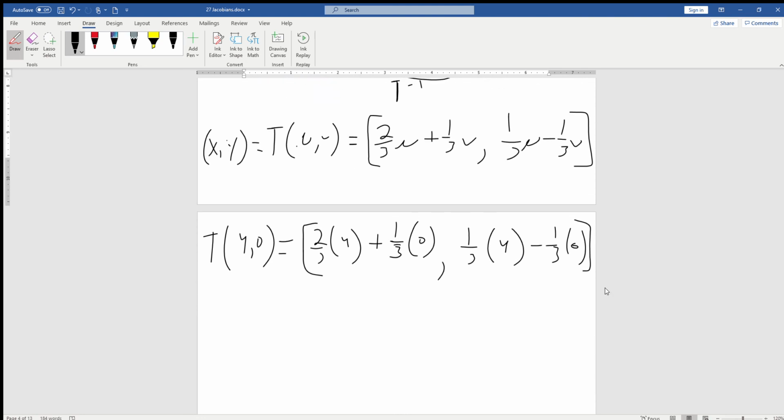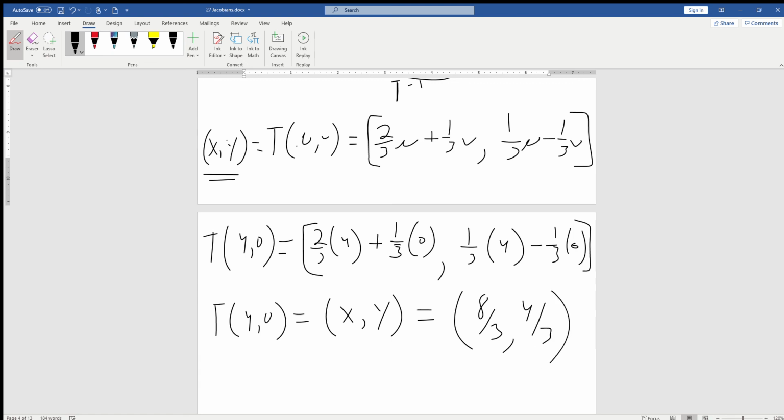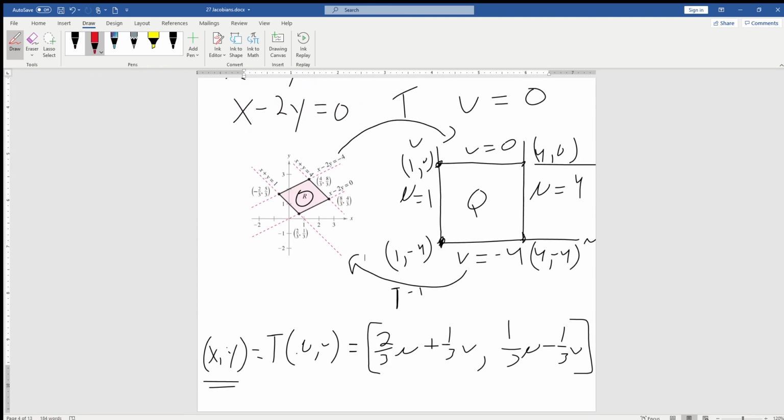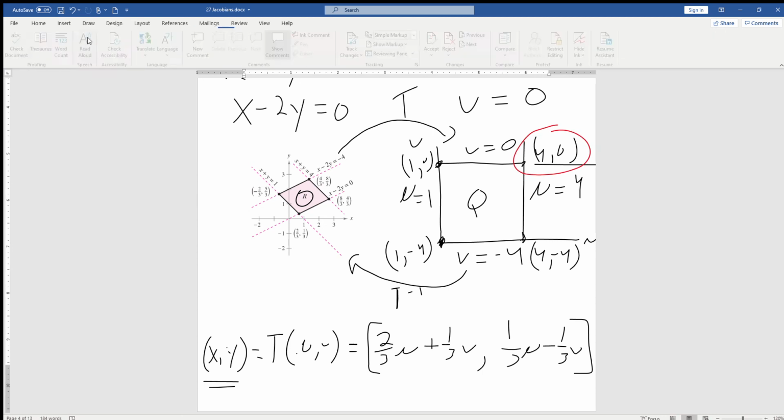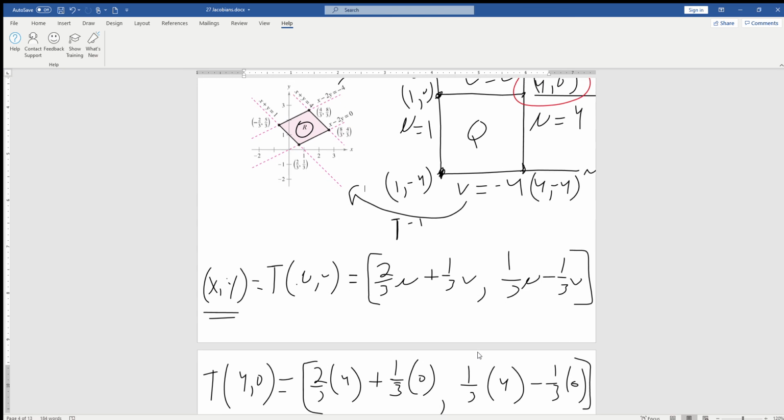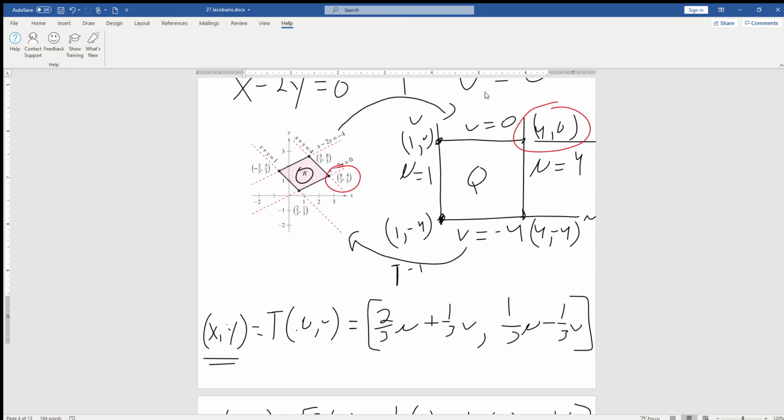Or, in other words, T of 4, 0 is equal to a point xy, which is going to be equal to the point 8/3, comma, 4/3. And that's a mapping. So if we go back up here, take a look at this. This point 4, 0 maps exactly to the point 8/3, 4/3, which is going to be this point right here. And we could do this for all 4 of the points if we wanted to see what the correspondence is.